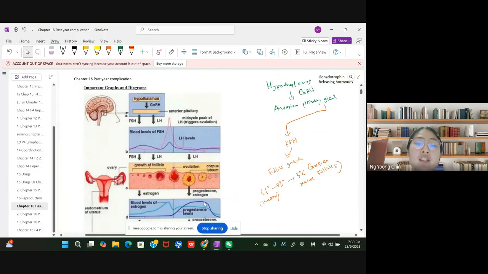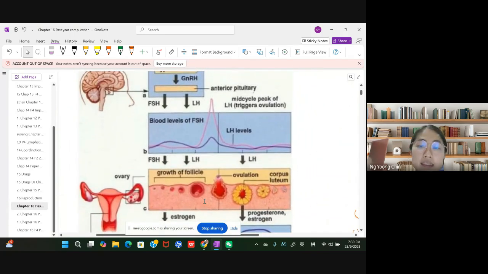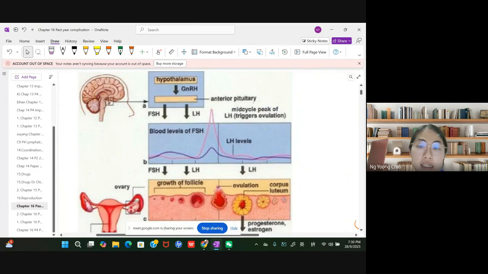Okay, we stop here first. We look at the picture first. You can see the anterior pituitary gland is being stimulated by the GnRH hormone. So first, they produce FSH, which is this one.